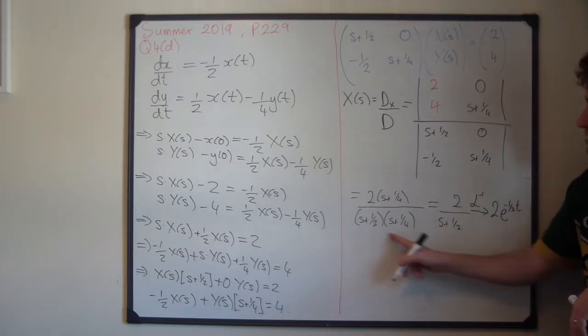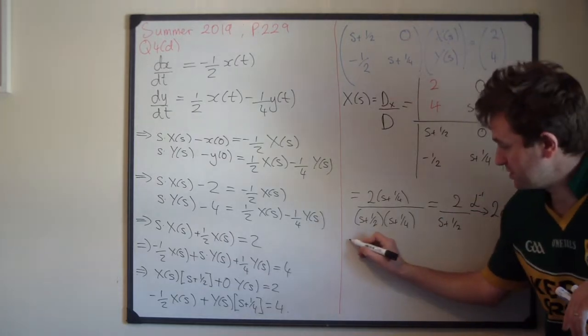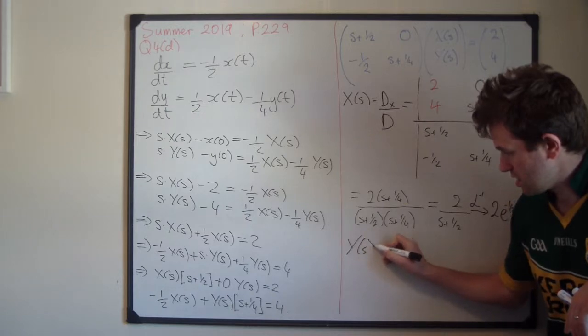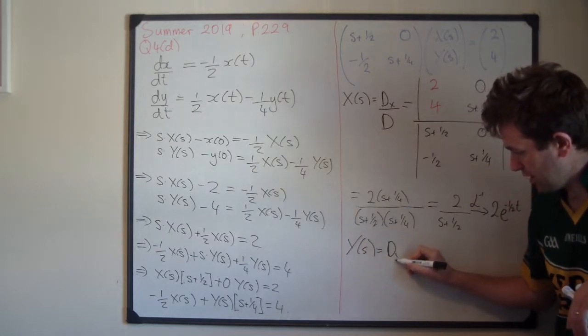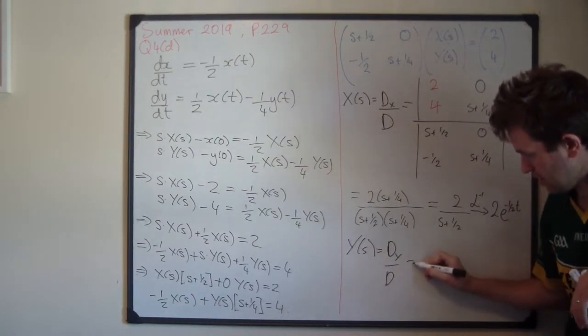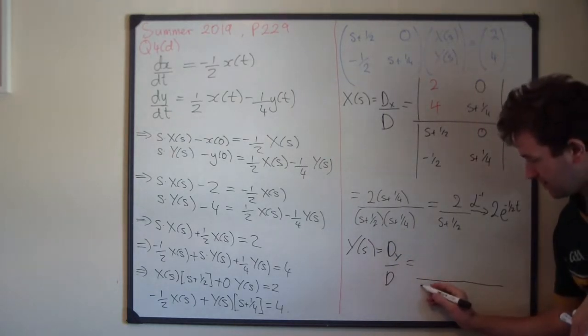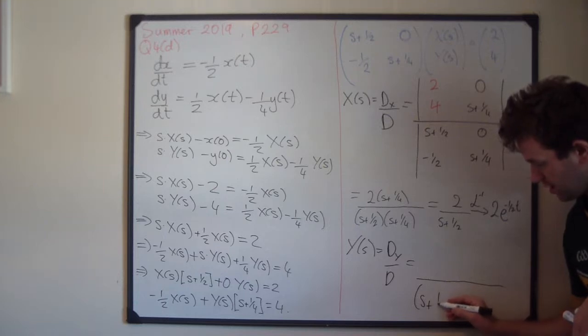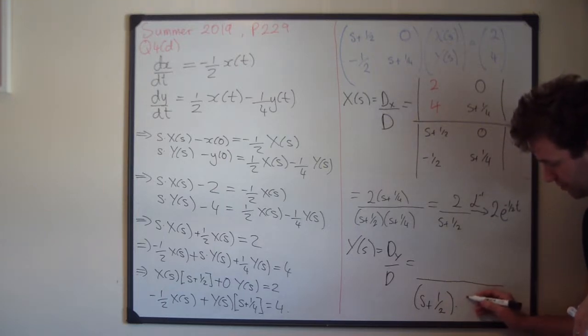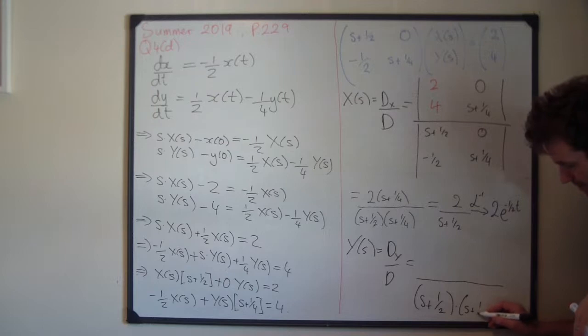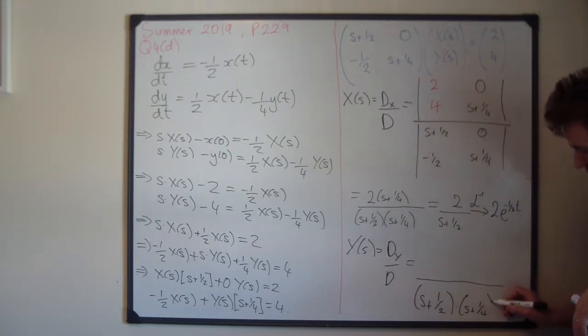Now the bottom is going to be the same, but the top is going to be a bit different. So y of s is dy over d. The d is the same, s plus a half times s plus a quarter. And now what is dy?